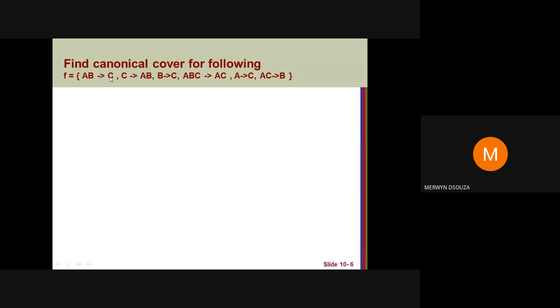Suppose you're given a problem: find a canonical cover for the following set F of functional dependencies. We'll start by applying the first step.